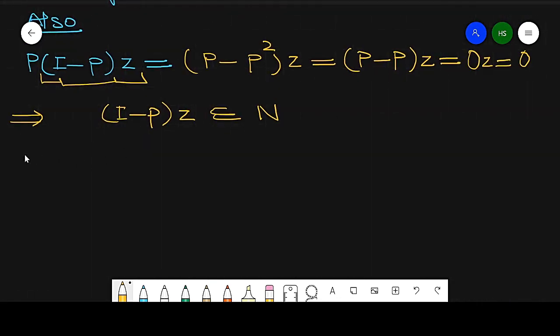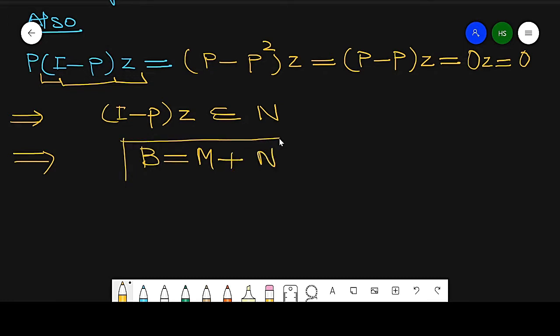So it implies B can be written as M plus N. In this way we can write it in terms of a sum.